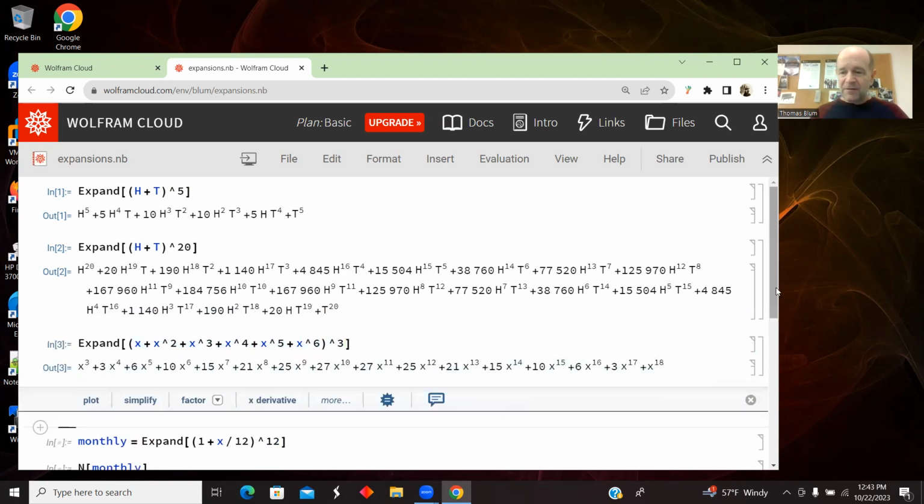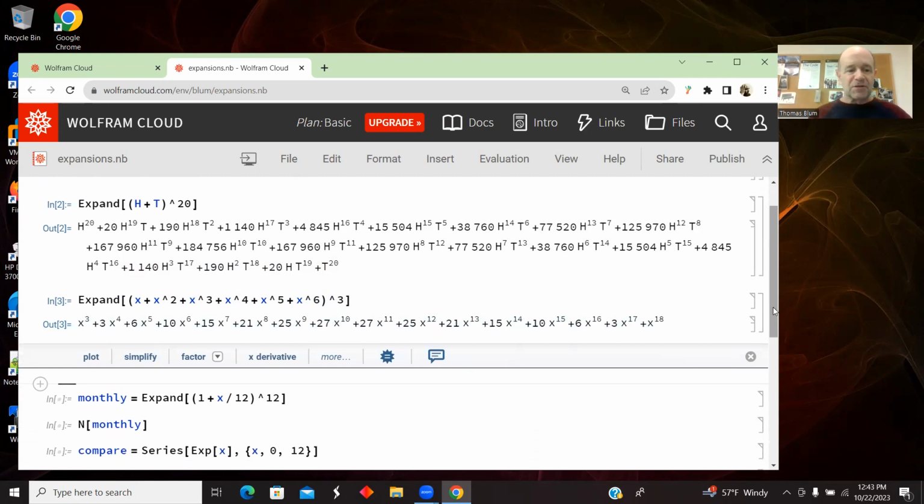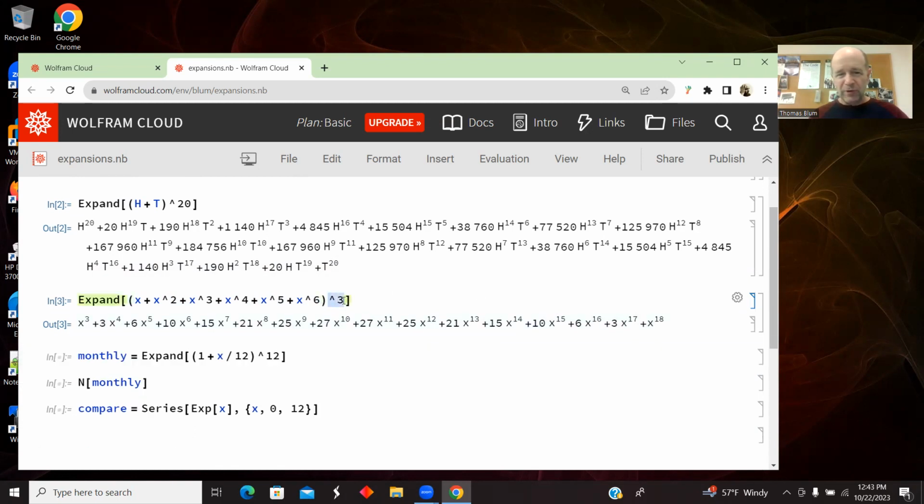And I get this, and that has interpretations of in how many ways. So I roll 3 dice. That quantity was raised to the third, so this is like rolling 3 dice. And then that power is the sum of the dice. So in how many ways can I roll a 3?